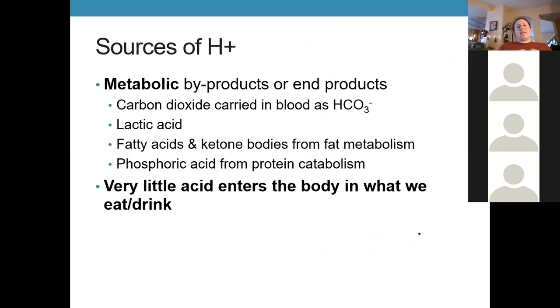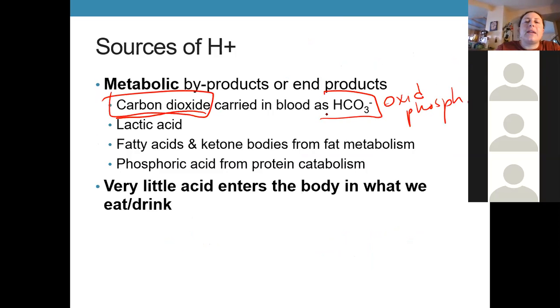We get acid mostly as waste products of metabolism. So carbon dioxide, of course, is a major waste product of metabolism. Remember that we are making that as a consequence of oxidative phosphorylation, and we are carrying it in the blood mostly as bicarbonate.